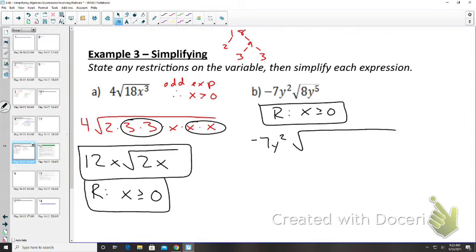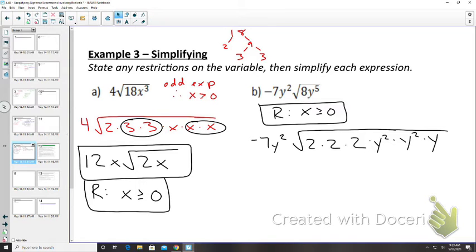And how do we get to 8y to the 5th? Okay, so to get to 8, we can do 2 times 2 times 2. And to get y to the 5th, you can either do y times y times y times y times y, or you could also do y squared multiplied by y squared multiplied by y.